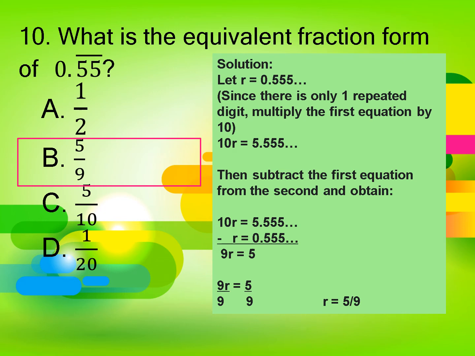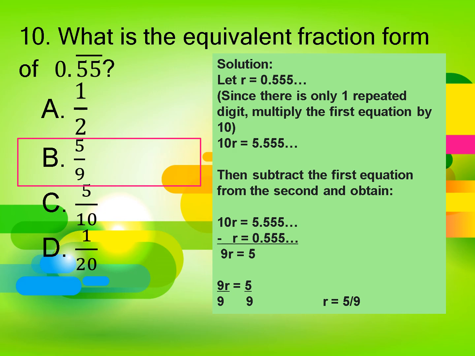Let R be equal to 0.55 repeating. This is now the given. Since there is only one repeated digit, and that is 5, multiply the first equation by 10. So we'll multiply R by 10, so that is 10R, and multiply 0.55 repeating by 10, so that's 5.55 repeating.